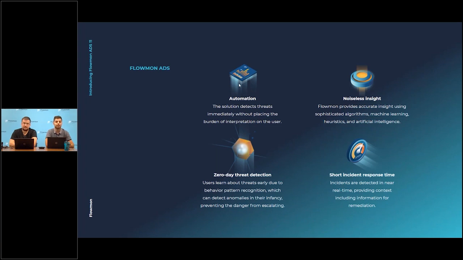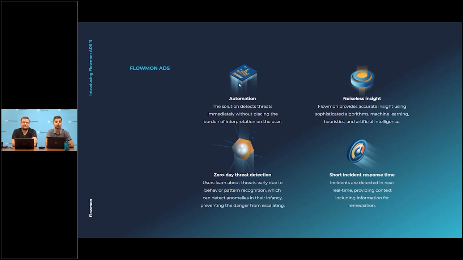We provide insight that is as accurate as possible. And what you will see in the ADS 11, we strive to provide as little information as possible so that you're not overwhelmed with unnecessary noise.